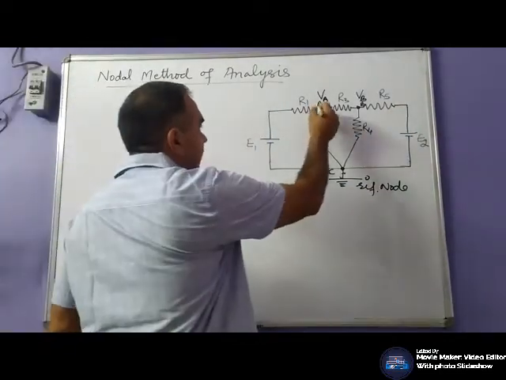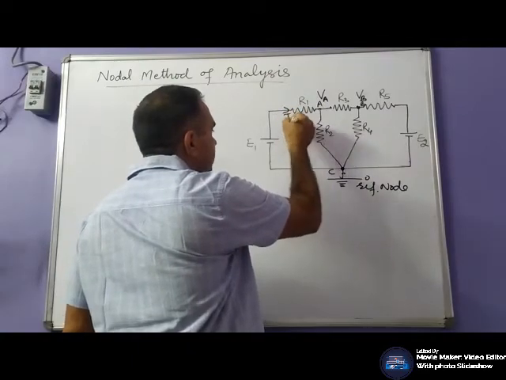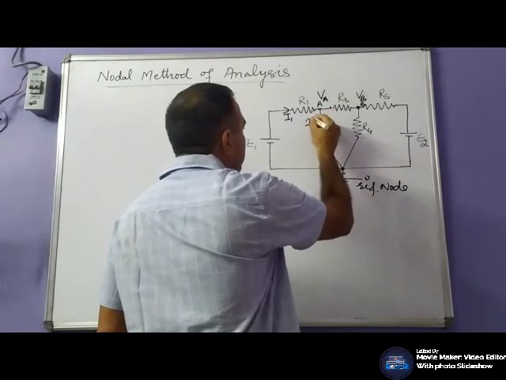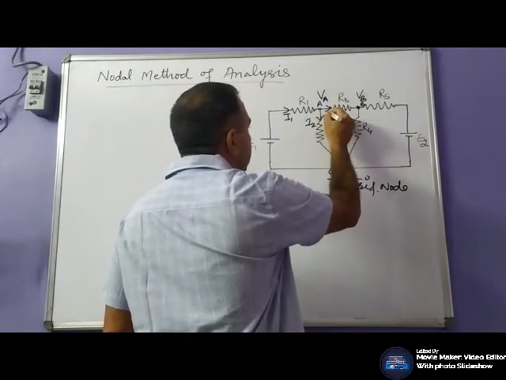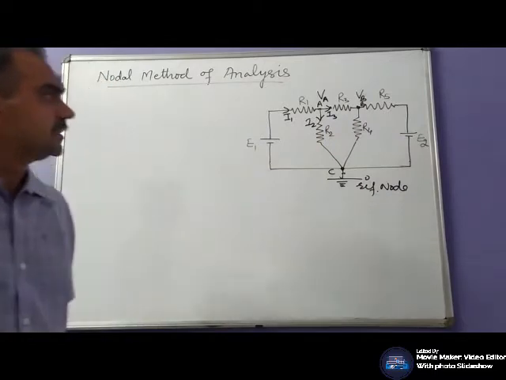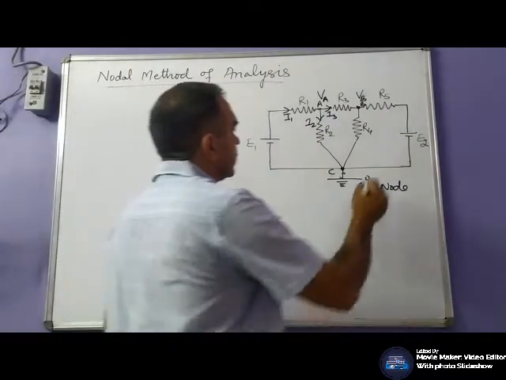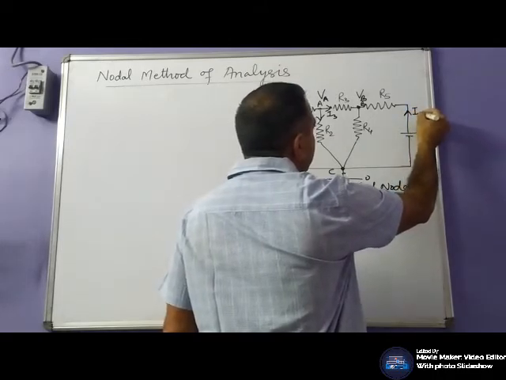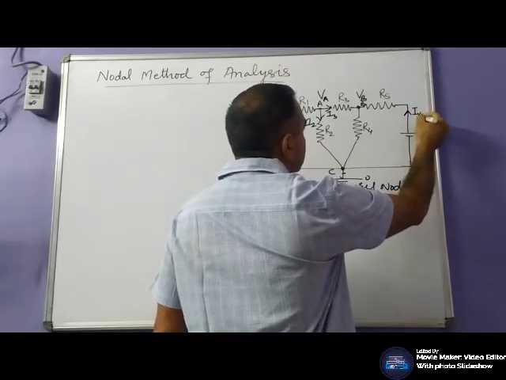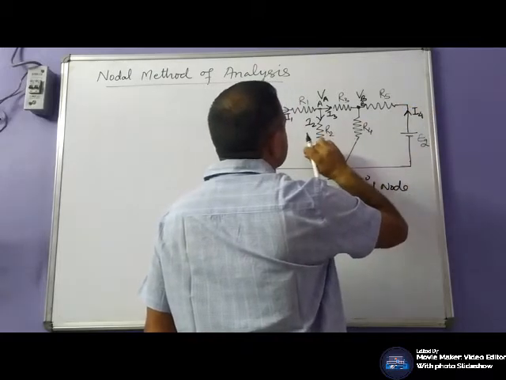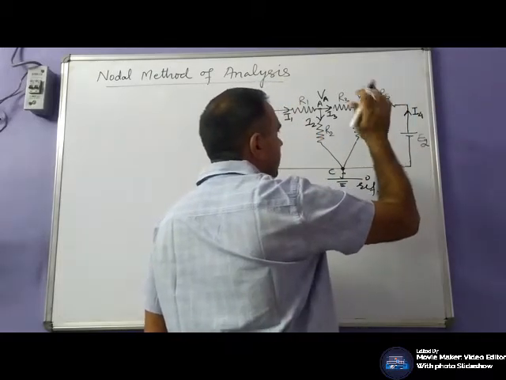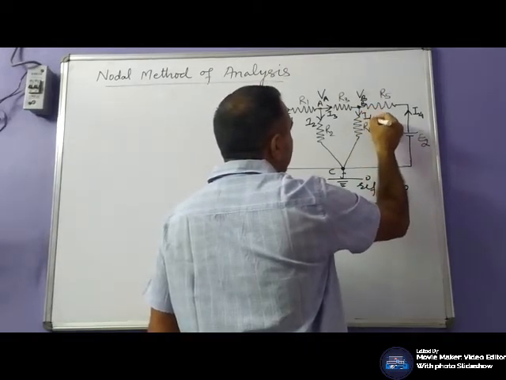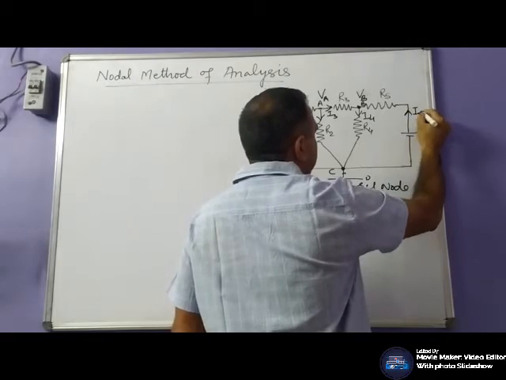So now at node A, let this current be I1, I2, this current be I3. Let this current be I4, and this be I5.